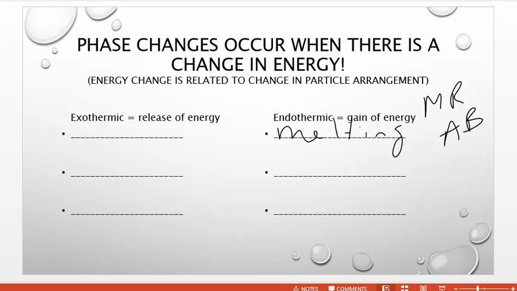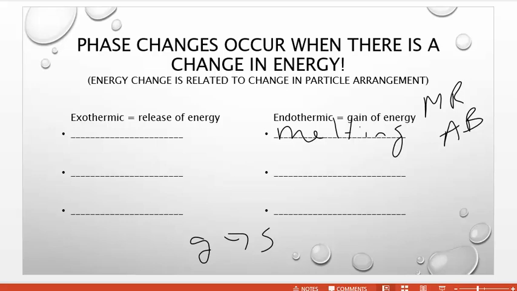Okay, so now let's take a look at something else. Let's take a look at going from a gas straight to a solid. Now remember, going gas to solid means that you are depositing. It's called deposition. It's the opposite of sublimation.